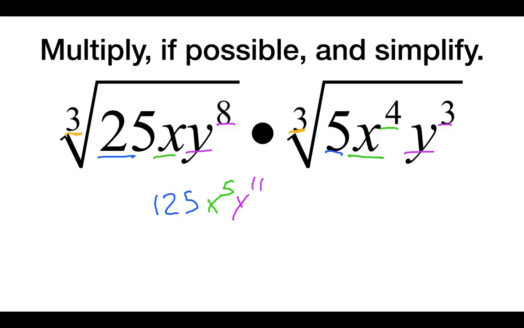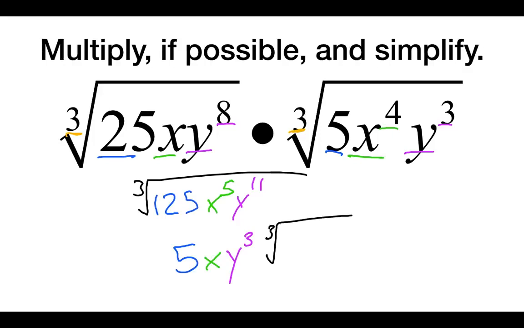Now that we know those, we can cube root them all. The cube root of 125, which I already know is 5. Then we only have 1 set of 3 in x to the 5th because there are 2 left over, so I'm just going to say x. And with y, we have 3 sets of 3, because we can get all the way to y to the 9th. But that leaves 2 left over. So inside our cube root, we're going to say x squared and y squared.